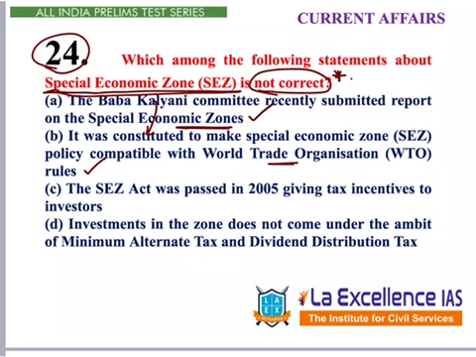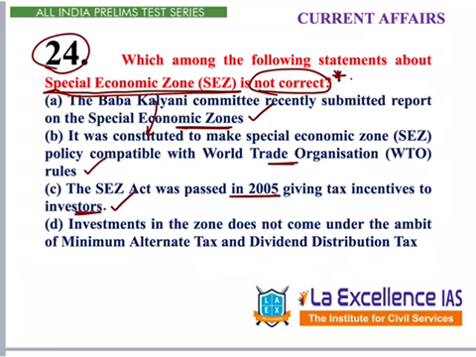This is also true. C: The SEZ Act was passed in 2005, giving tax incentives to the investors. Yes, because by providing special incentives in that area, the government wants to promote manufacturing and other economic activities. So this is also correct.